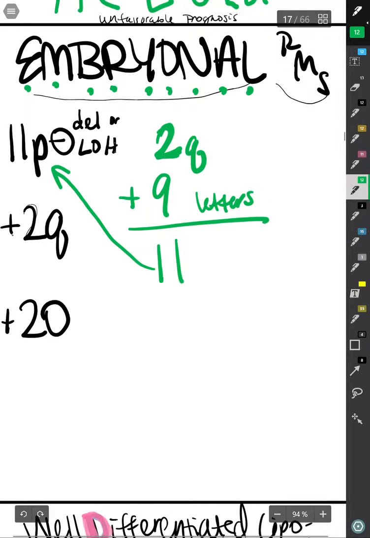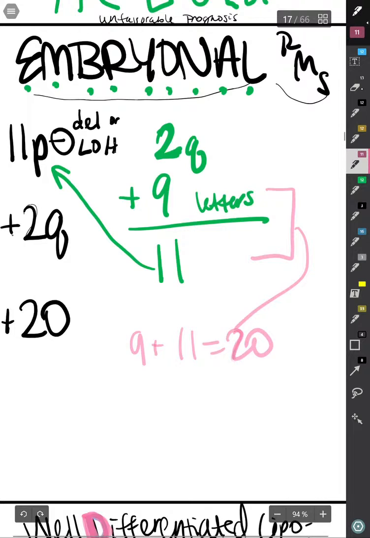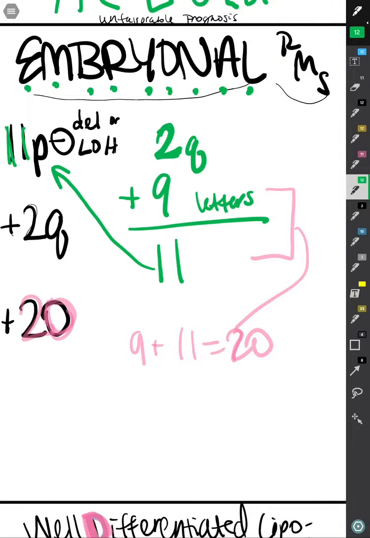So that's how I see 11. Then now, if I do 9 plus 11 equals 20. So this is how I get my 20. Just go up here is the 11. And the 2q is just because there's 2 words.